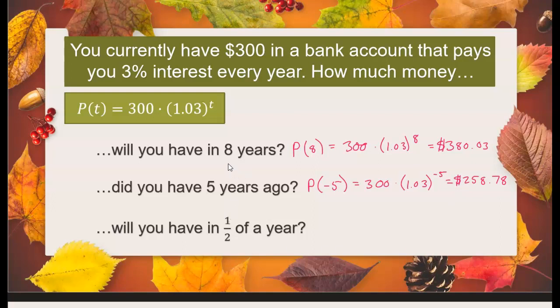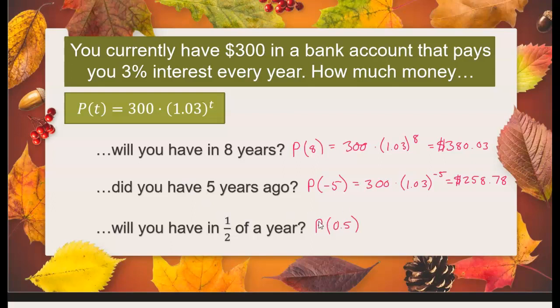All right, so if we plugged in 8 here, and we plugged in -5 for 5 years ago, how much will you have in half of a year? What would we plug in then? This is going to be P of 1/2, and maybe we might write this as 0.5. 1/2 and 0.5 are the same thing. You can prove that to yourself by putting 1 divided by 2 in your calculator.